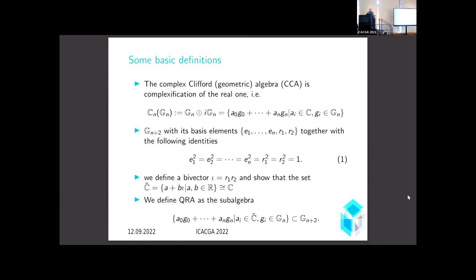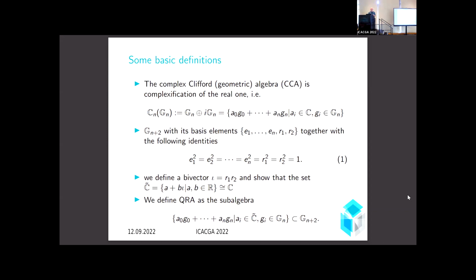We have the same rules, the same multiplication table, just the coefficients are from complex numbers. So we can take any geometric algebra and define a complex geometric algebra as a linear combination over this algebra such that coefficients are from complex numbers.